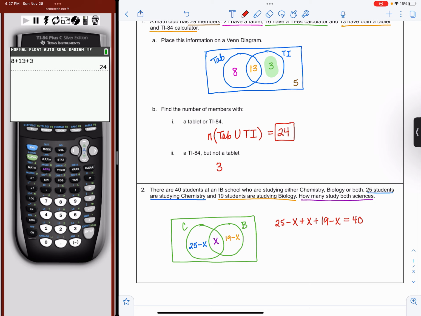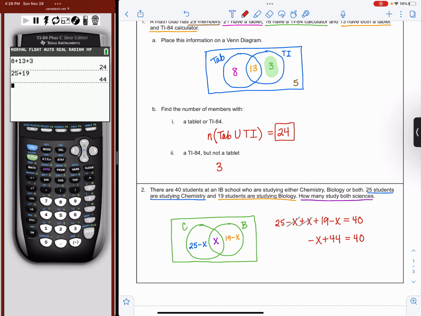And when I combine like terms, I get 25 plus 19, that equals 44. And then I know that a negative x and a negative x combine, which will leave me with a negative 2x. So I will end up having negative 2x plus 44 is equal to 40. Or you could write it as 44 minus 2x, same thing.